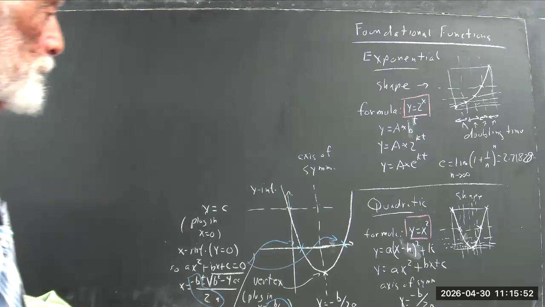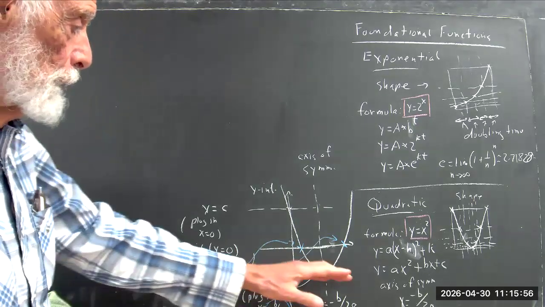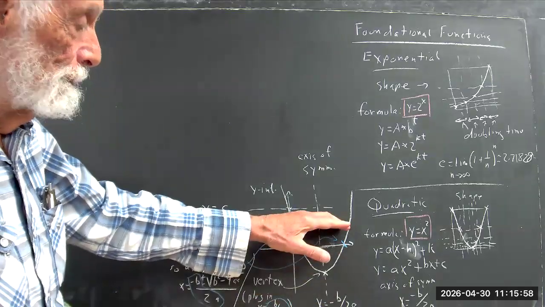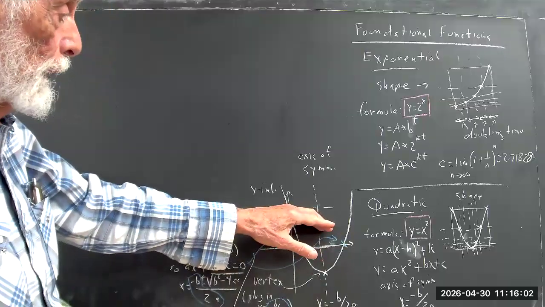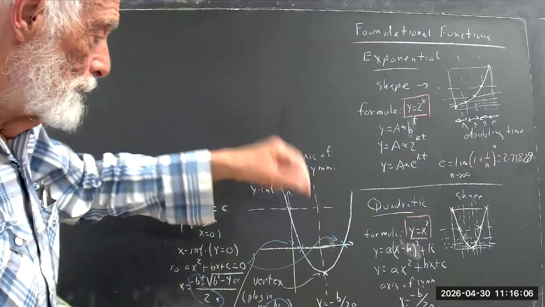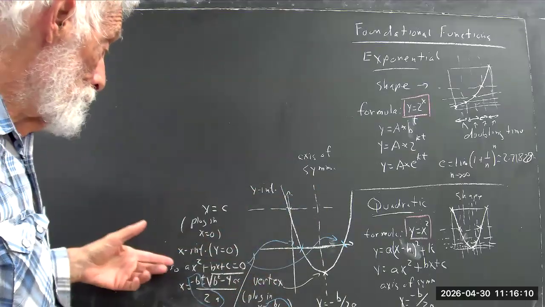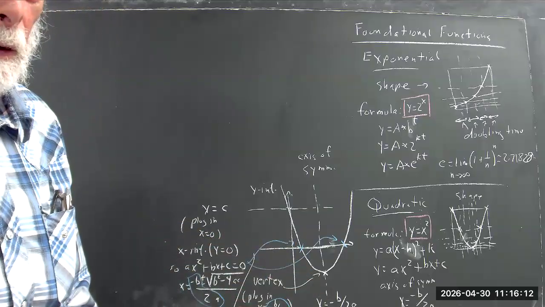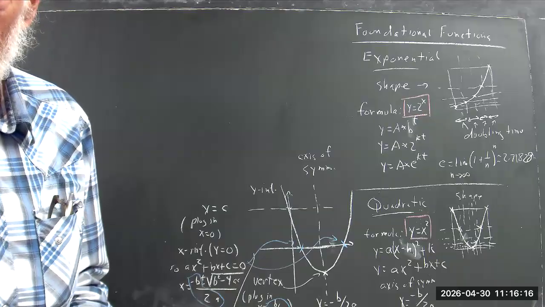The function does not have to have real zeros. If I just raise this thing up, say above, so that the vertex is above the x-axis and the graph is opening upward, the graph is not going to pass through the x-axis. So the value of the function is never going to be 0. You're not going to have any y equals 0 points. Okay.